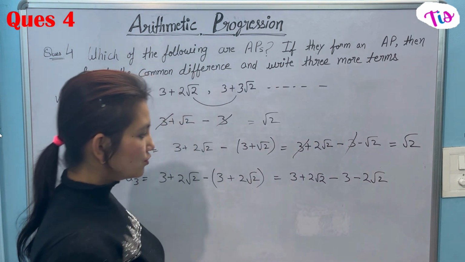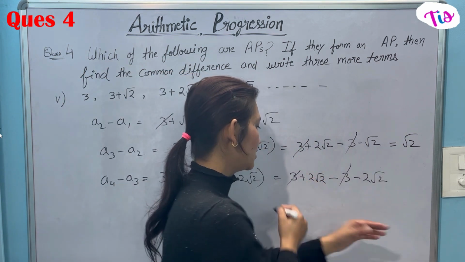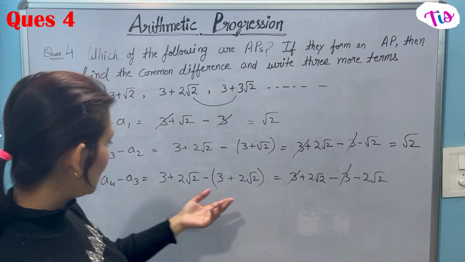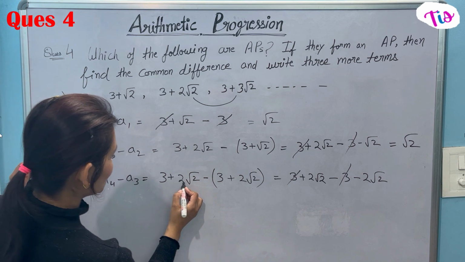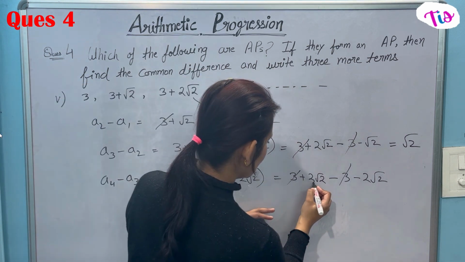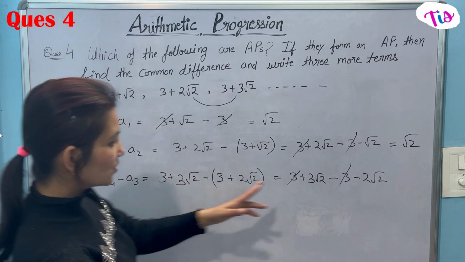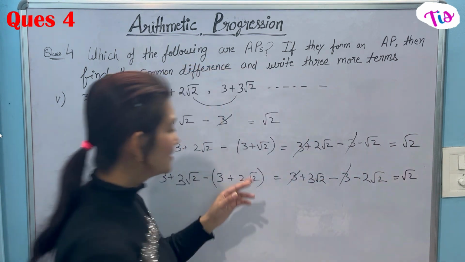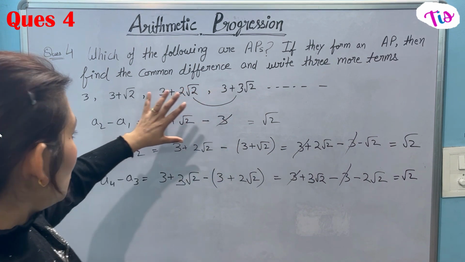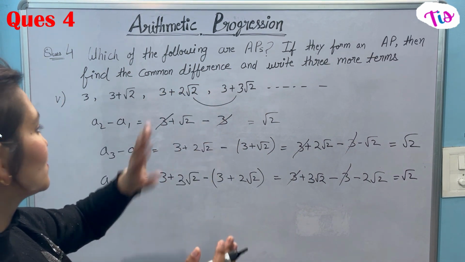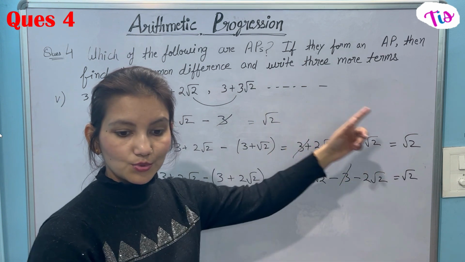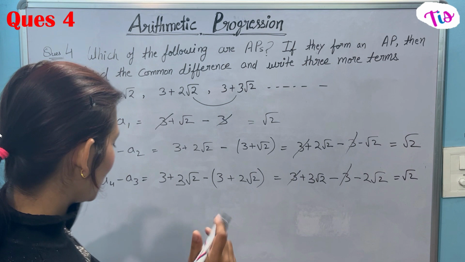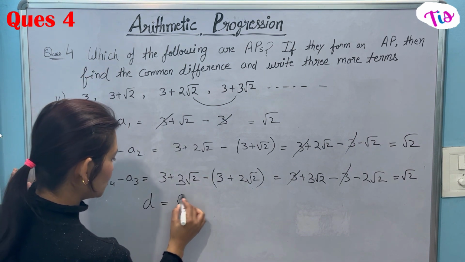Now 3 will get cancelled out by 3, and 3 root 2 minus 2 root 2 is root 2. So the difference of consecutive terms here is constant, root 2, root 2, root 2. This sequence surely forms an AP, and the common difference here is root 2.